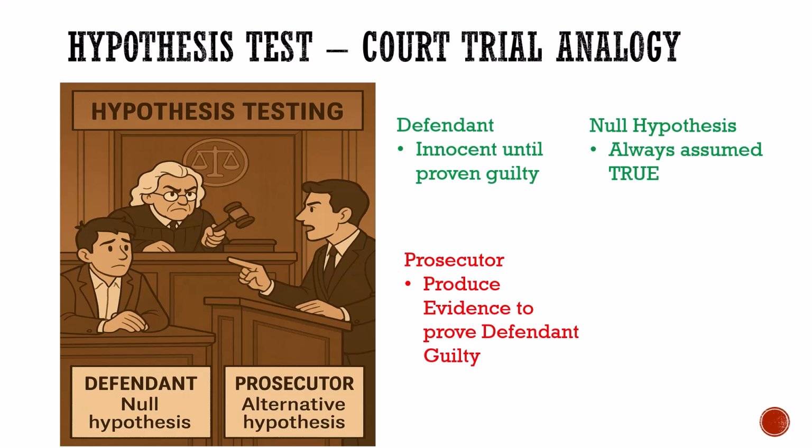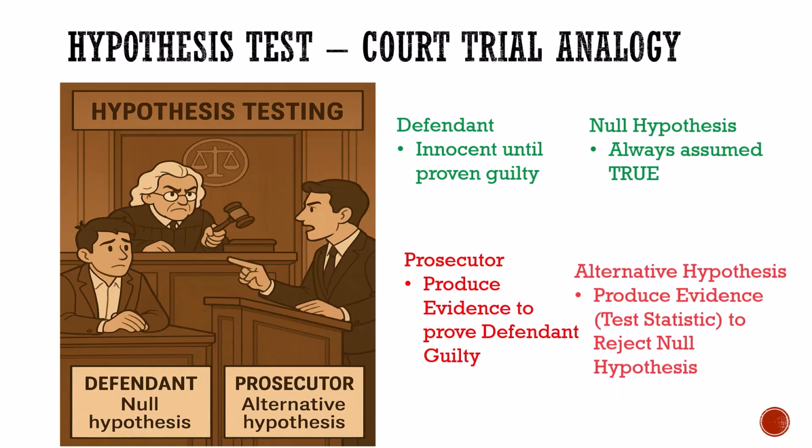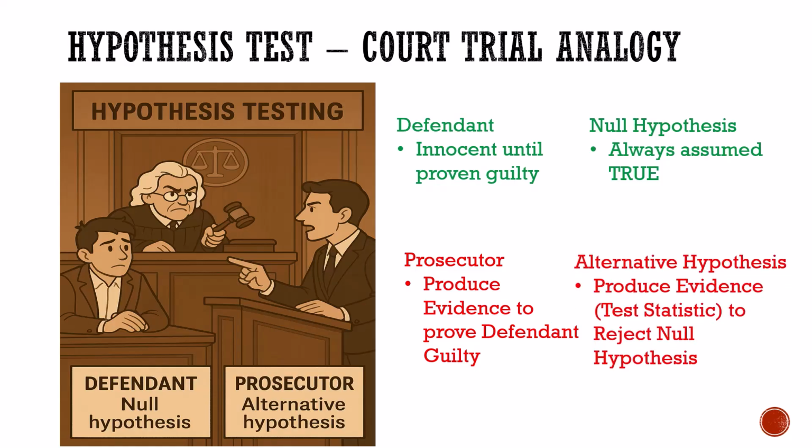Analogous to that in the hypothesis testing process is the alternative hypothesis that also aims at rejecting the null hypothesis in favor of a more recent study based on a sample, and it has to produce evidence, a test statistic, and all the metrics obtained from the sample study. And if that evidence is strong enough based on certain criteria, then the null hypothesis would be rejected. Otherwise, the null hypothesis would stay as is.